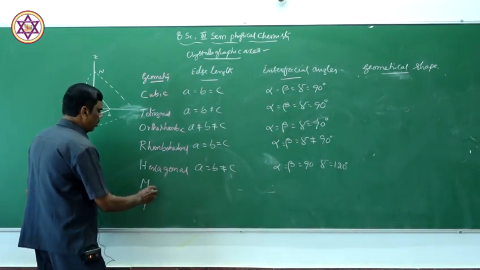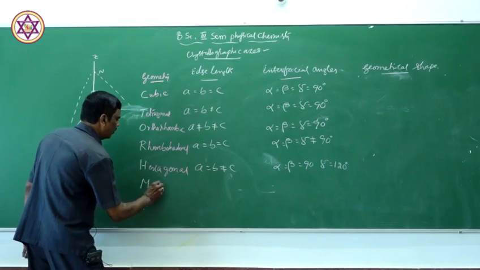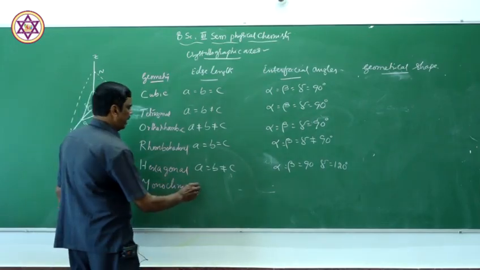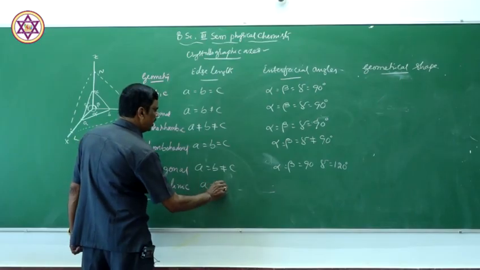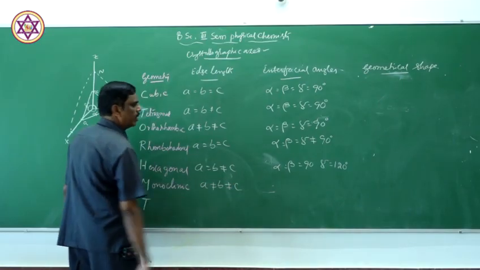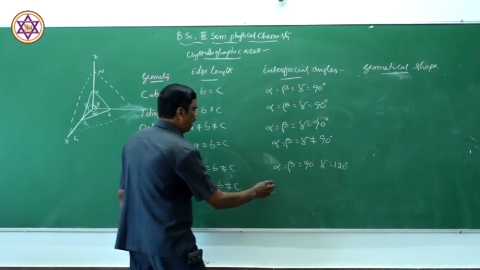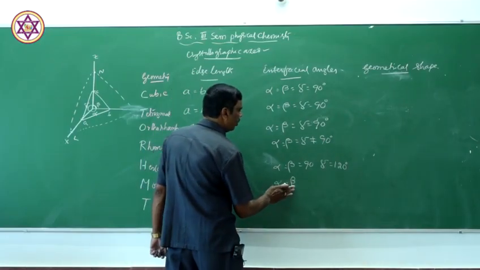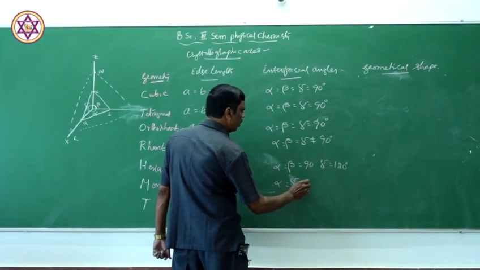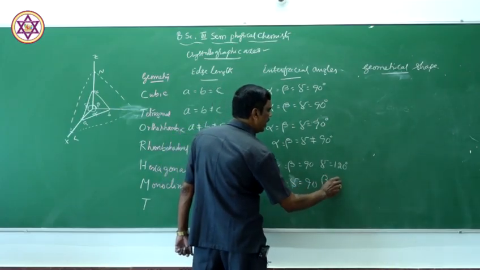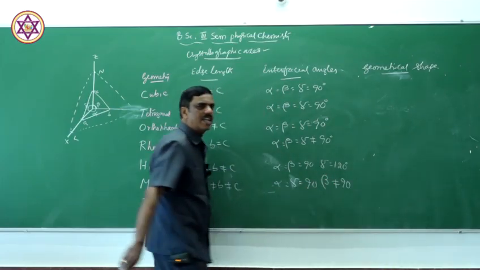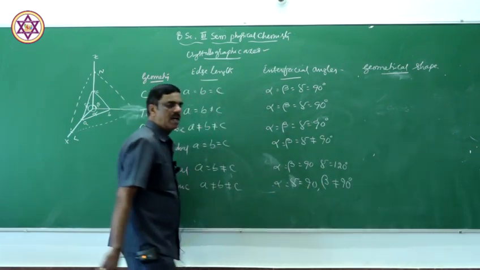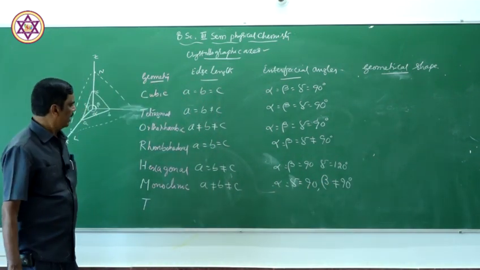Now this is monoclinic. In this monoclinic, again A is not equal to B, not equal to C, alpha is equal to gamma is equal to 90, but beta is not equal to 90. See the relationship, beta is not equal to 90, whereas alpha and gamma are the same, they are 90 degrees.